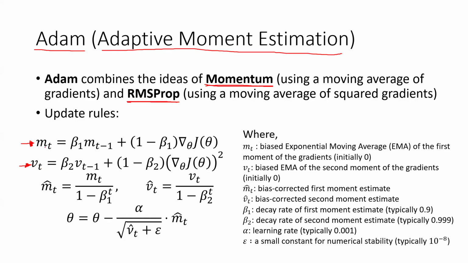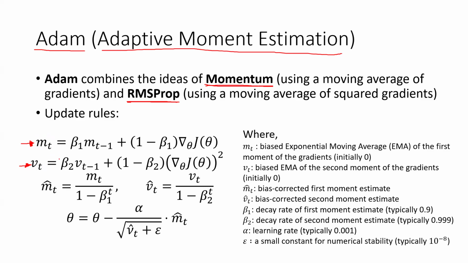And this is different from the exponential moving averages of the pure gradients, or the first moment of the gradients, right? To differentiate between the first moment and the second moment, for the first moment we have used Mt, and for the second moment we have used Vt, right? So this Vt is not about the velocity.